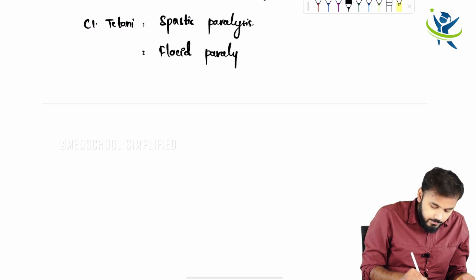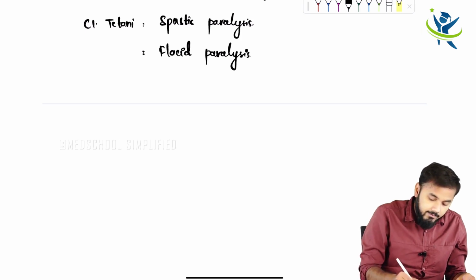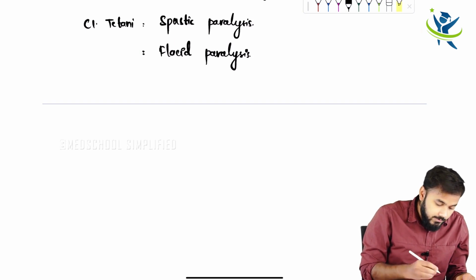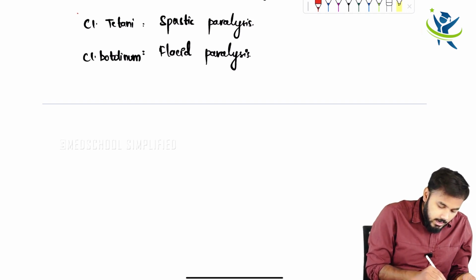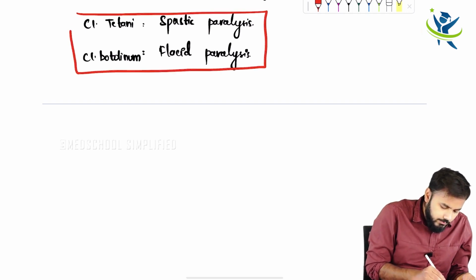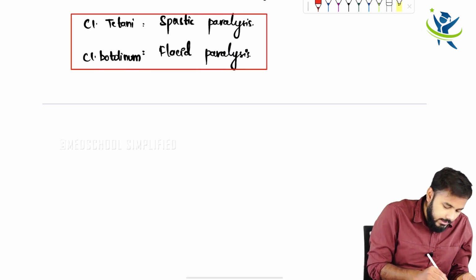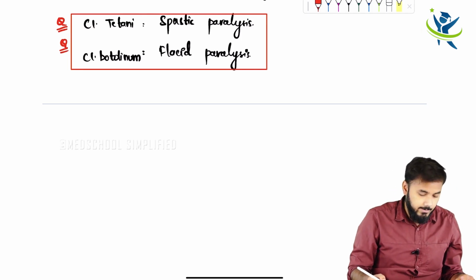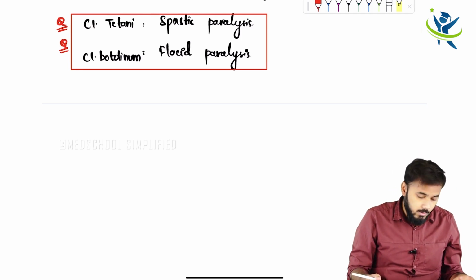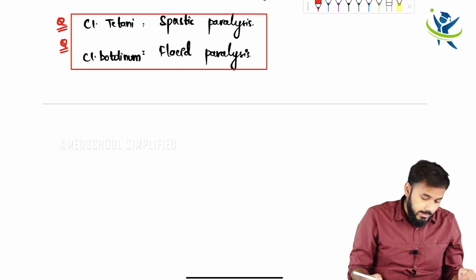If they are not at all contracting, muscles become weak, that is called flaccid paralysis. Right? And where do you see this flaccid paralysis? You see flaccid paralysis in case of Clostridium botulinum. So these are very, very important things, guys. High yield concepts. This is very, very important, you need to remember. Definitely. Okay? Fine. Cool.